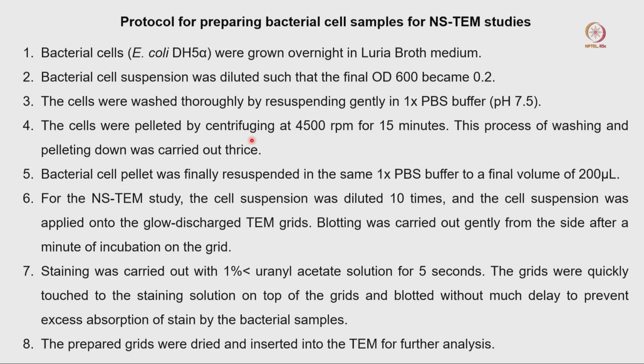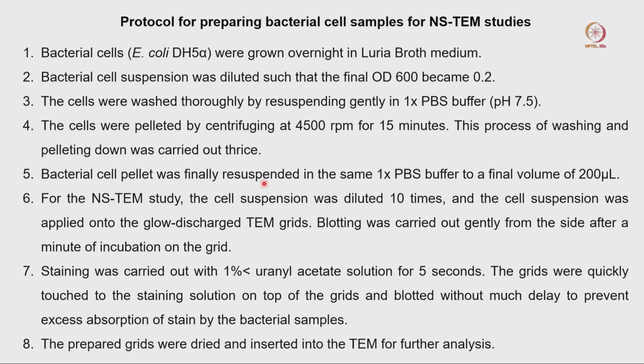Then the cells are pelleted by centrifuging at a particular RPM for 15 minutes. You can repeat this process a couple of rounds. This PBS wash also you can do a couple of rounds.